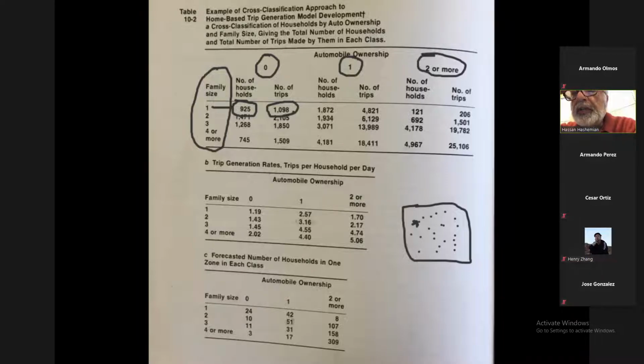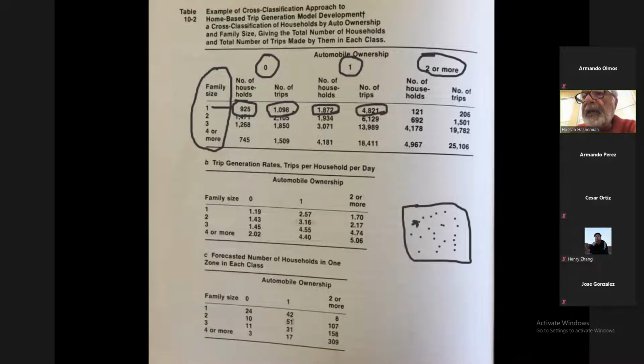So you read this table accordingly. For instance, if they had a car, we found that 1,872 of these households have one car. And then the total trips that they made was 4,821 trips. Right?